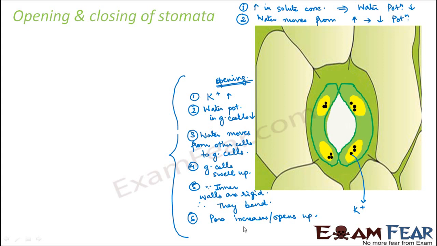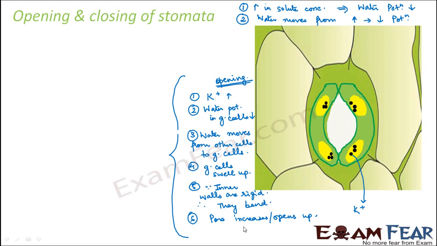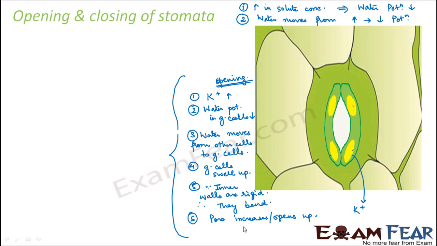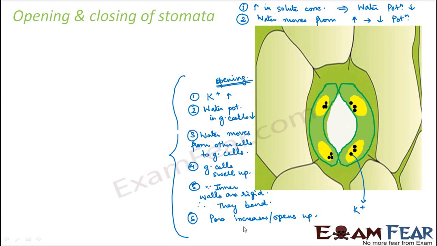Now, to be honest, it is not only one factor which is responsible for opening and closing of stomata. Like here I explained it on the basis of the concentration of potassium ions, which again I said is dependent on sunlight. But it is not always that stomata open in presence of sunlight.